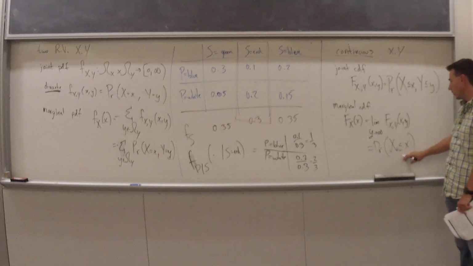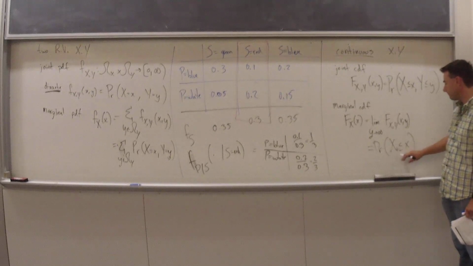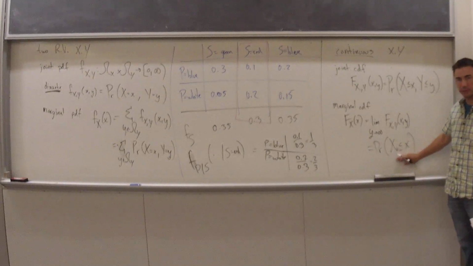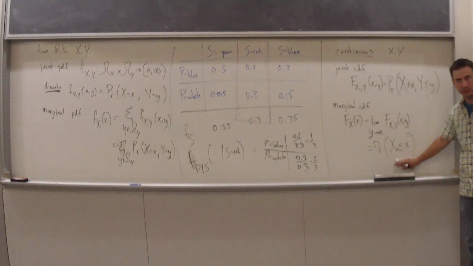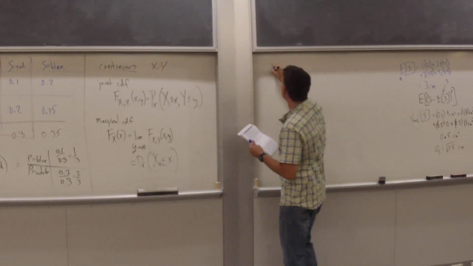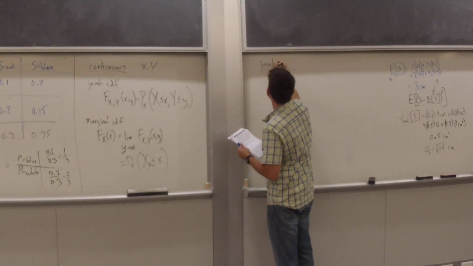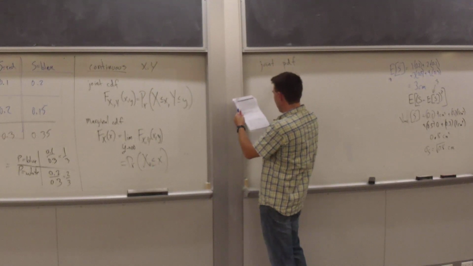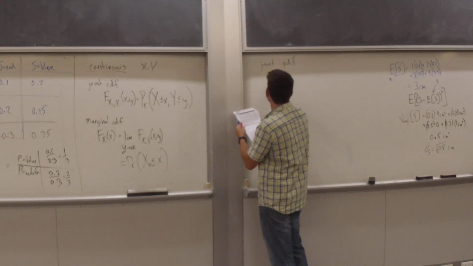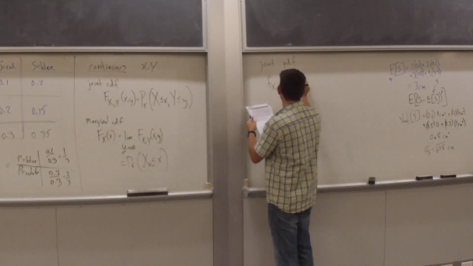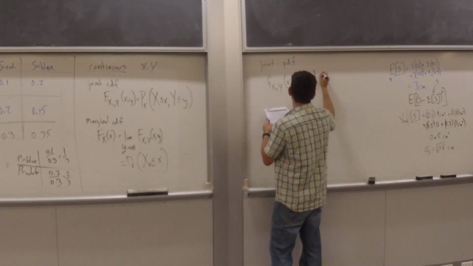It's the probability of a certain specific type of event. So the joint PDF now, I have to write down in terms of calculus.